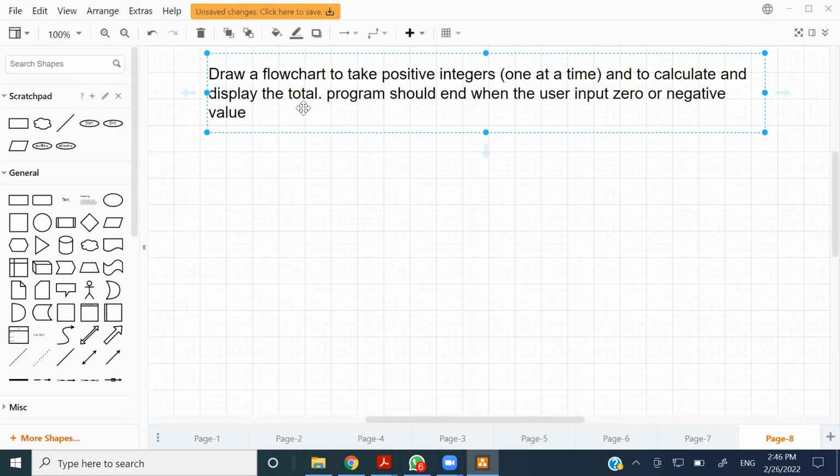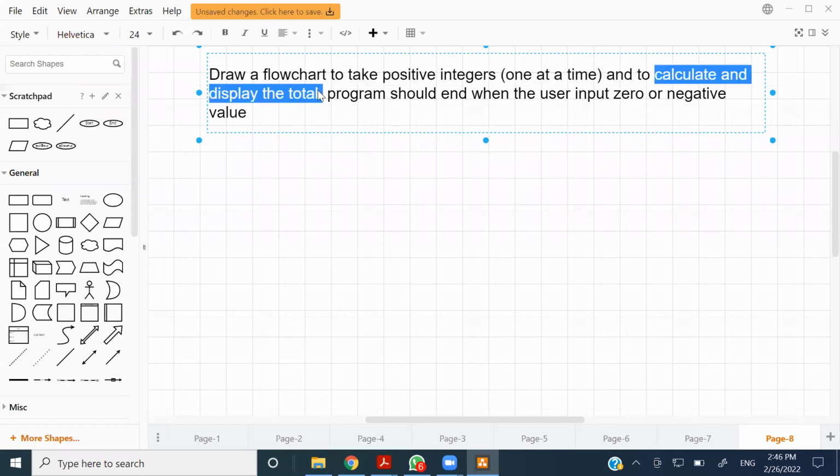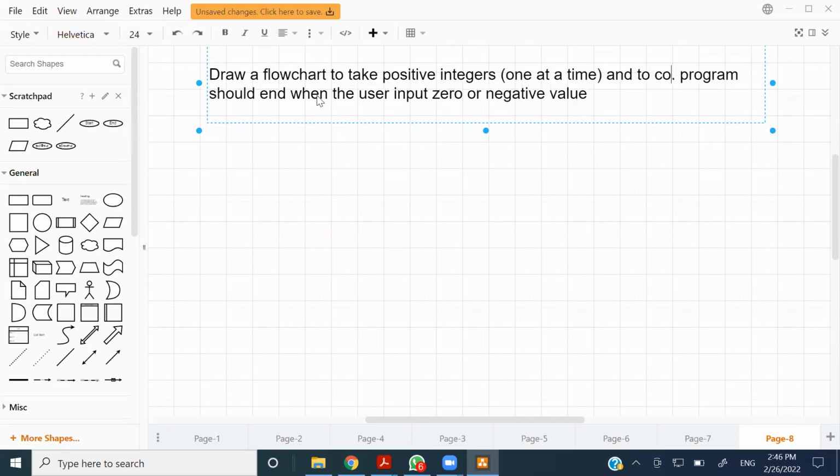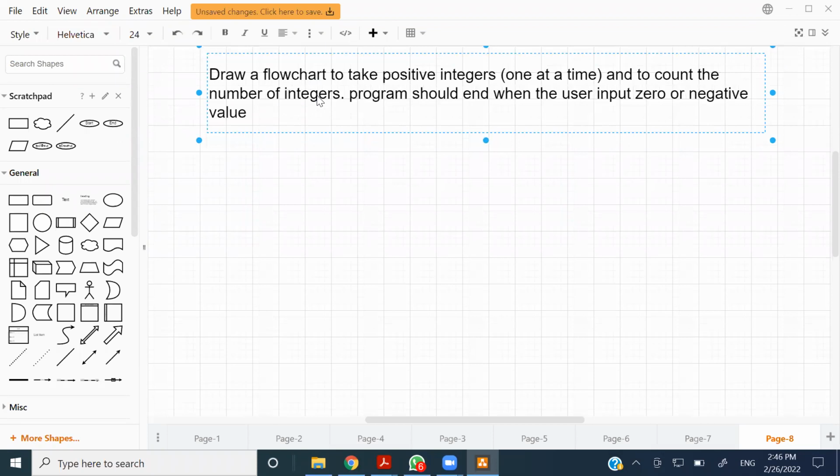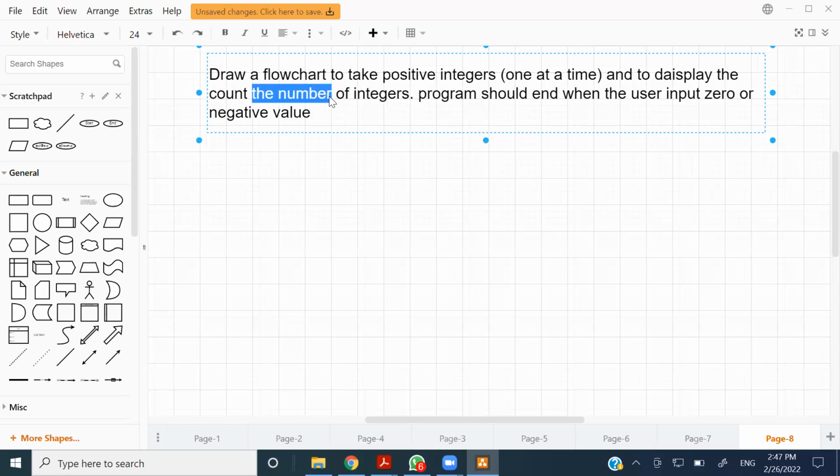So the question is like this: draw a flow chart to take positive integers one at a time, and to count the number of integers and to display the count of positive integers. I have done a small modification to this question.